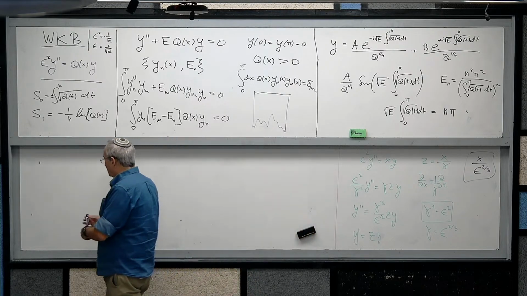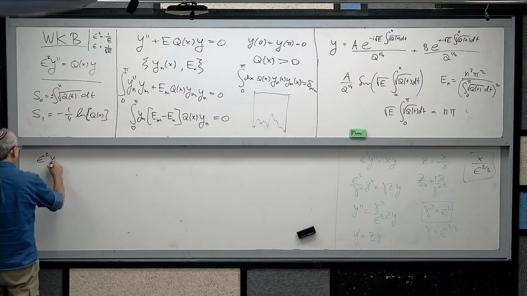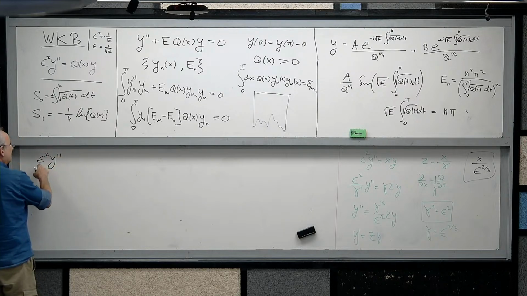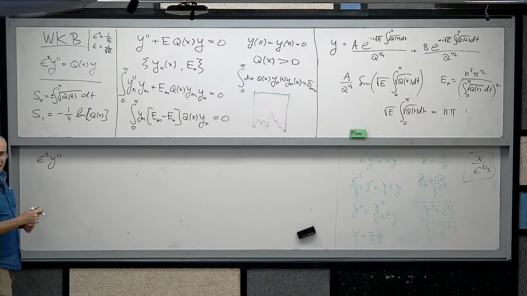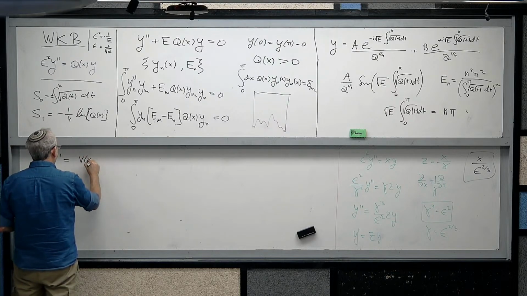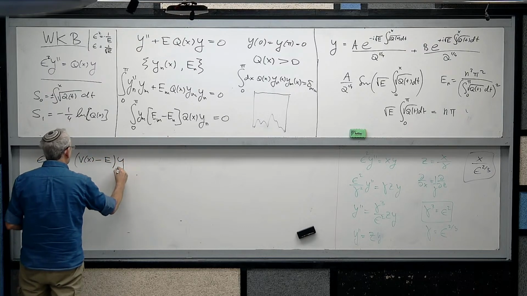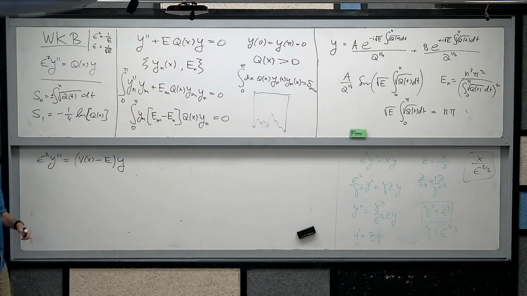You remember that for the Schrödinger equation, what we have is epsilon squared y double prime equals v of x minus e times y, where epsilon is h bar and so on. This is q. When q crosses 0, what's the name of such a point? Turning point. Thank you very much.